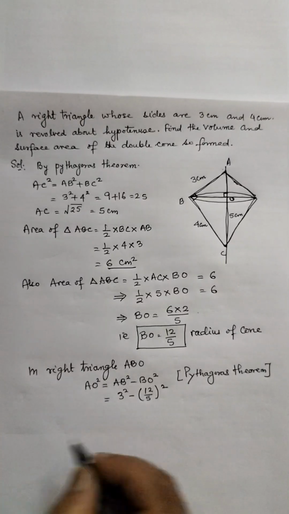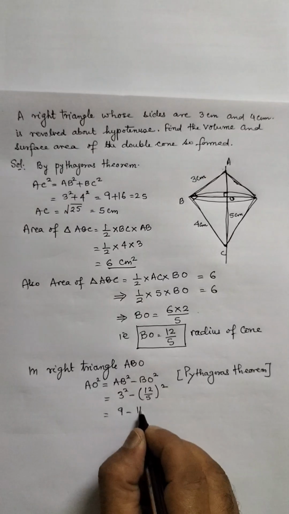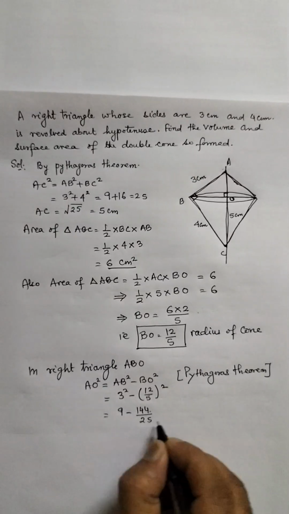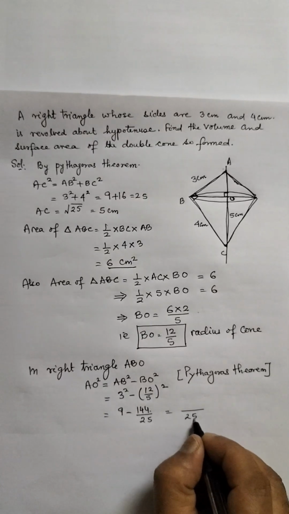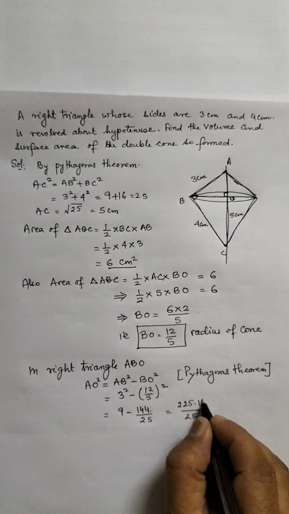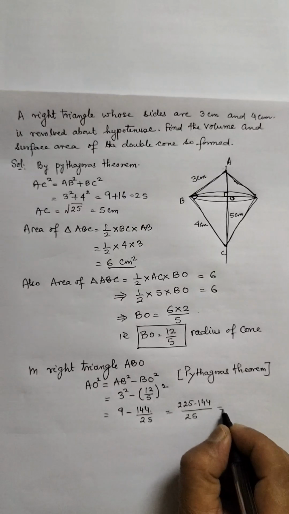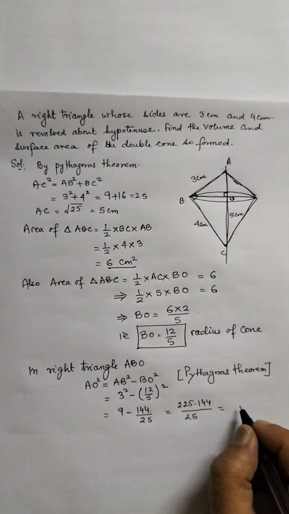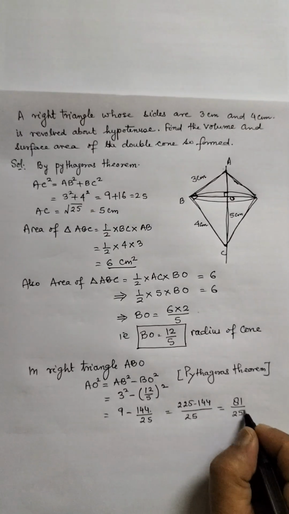So this is 9 minus 144 on 25, which is 225 minus 144 over 25, which is equal to 81 upon 25.